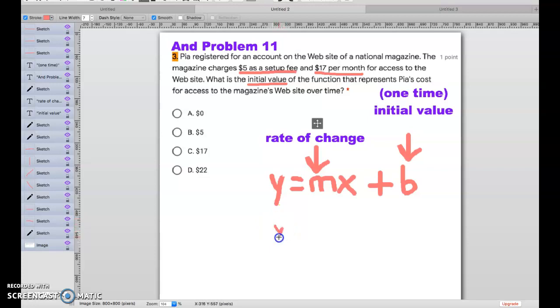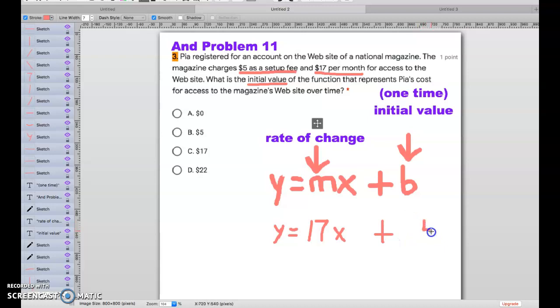So this would be y equals, so her cost is changing $17 every month. So we're going to put 17x plus the one-time amount that she pays up front, which is $5. So my initial value is $5.